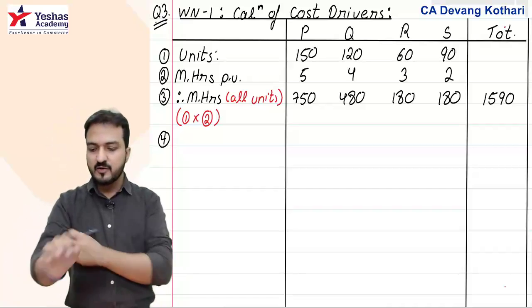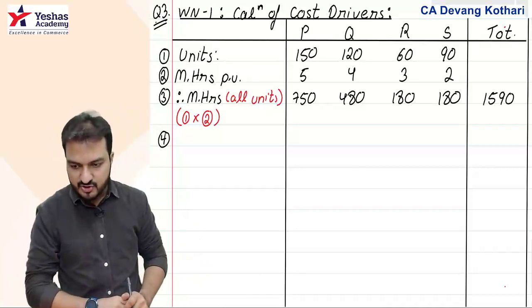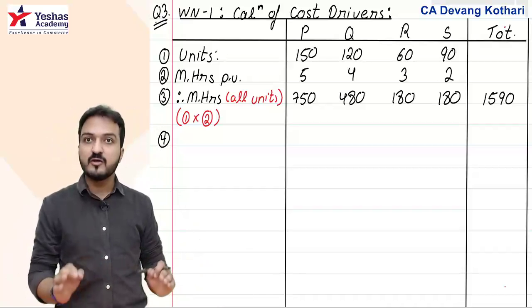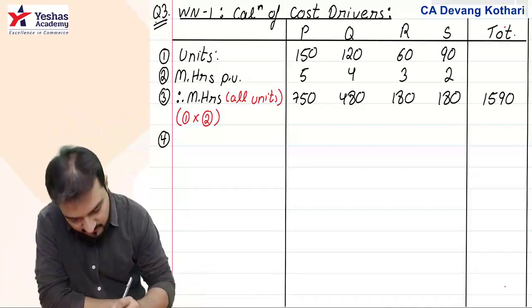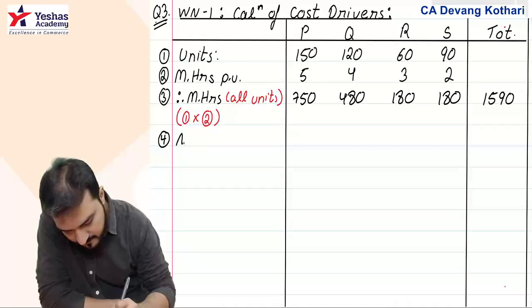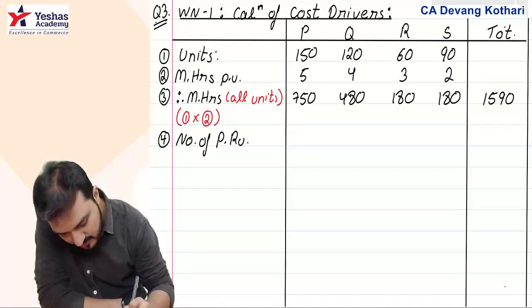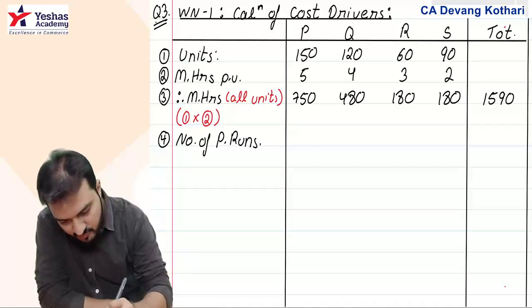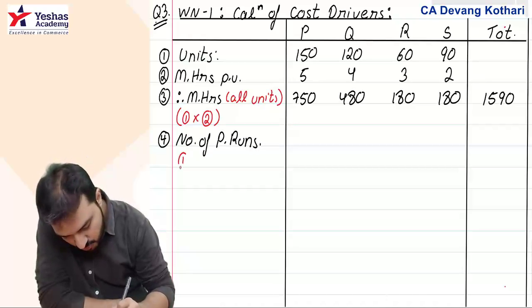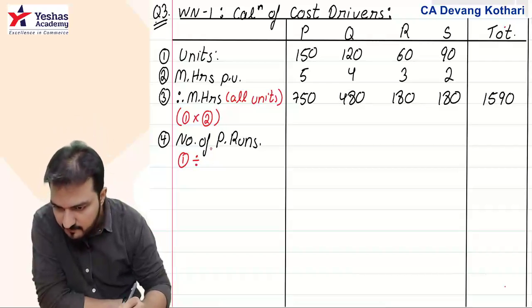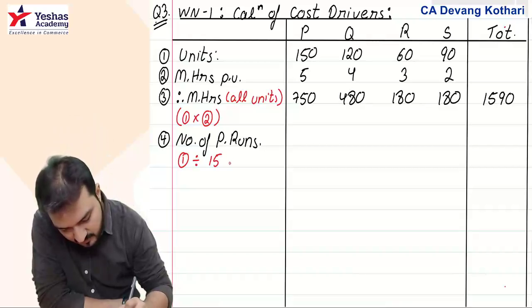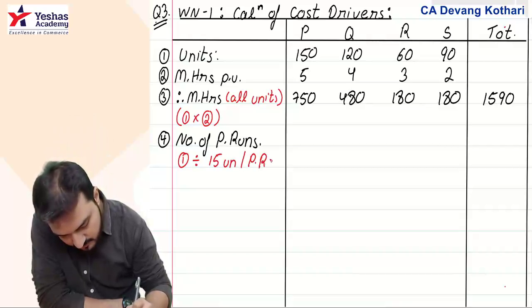Next, you are also given the production batch size. Production batch size is given as 15 units. If the production run size is 15 units, then I can find the number of production runs. How do I do that? Total units that you need to make divided by 15 units per production run.